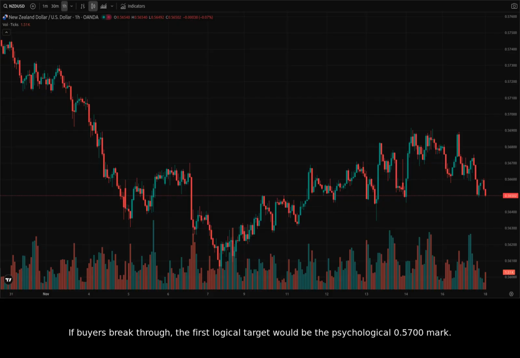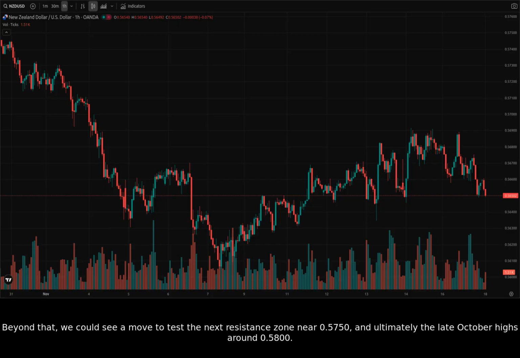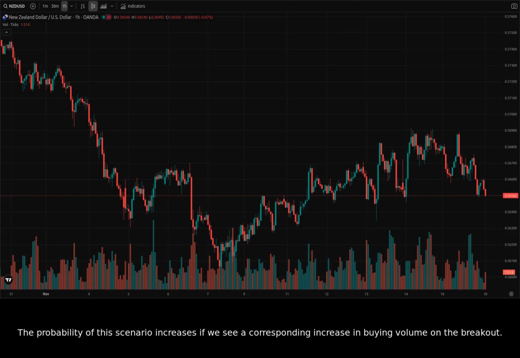If buyers break through, the first logical target would be the psychological 0.5700 mark. Beyond that, we could see a move to test the next resistance zone near 0.5750 and ultimately the late October highs around 0.5800. The probability of this scenario increases if we see a corresponding increase in buying volume on the breakout.